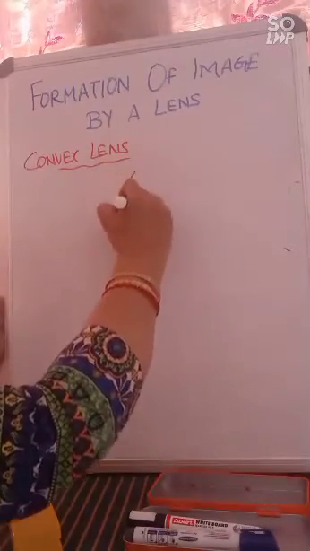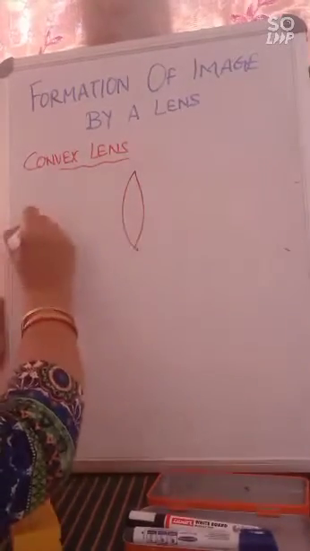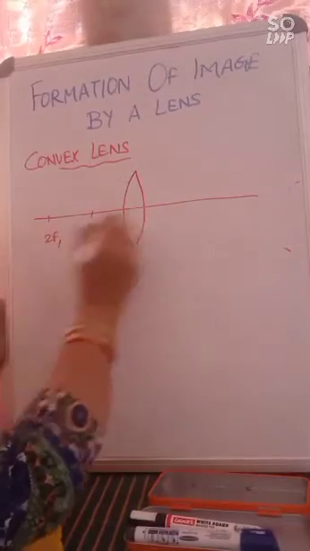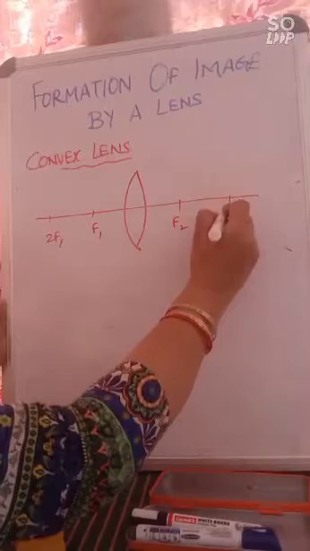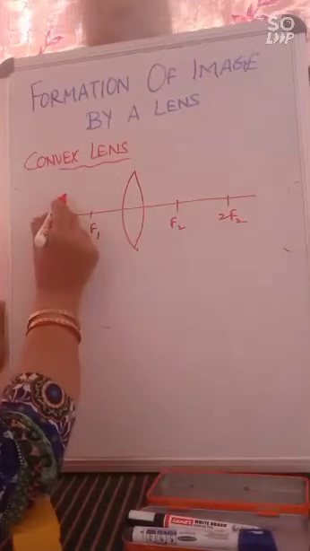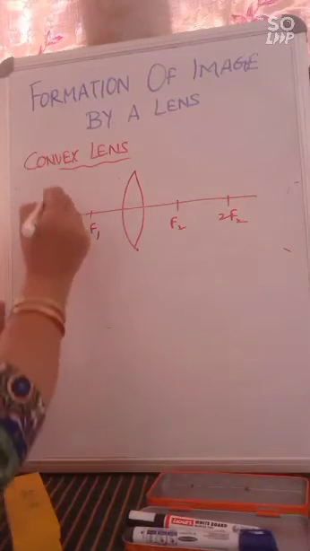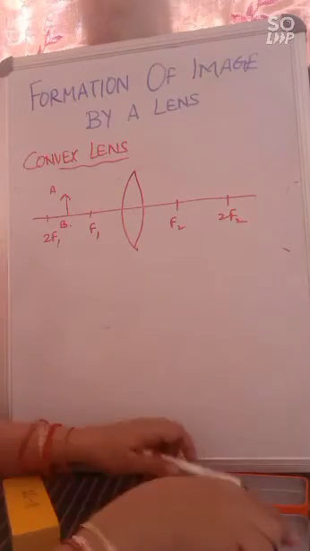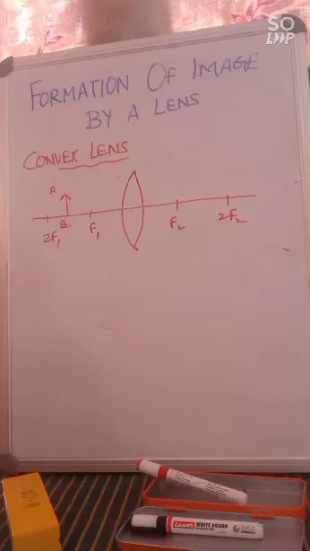So I have this lens, right? Again, principal axis, again F1, F2, F1. This is F2 and this is 2F, right? Between this. And I'm labeling the object as AB, right? So again, I'm just going to opt for the 2 rays now, but I have told you how to draw for the third ray, right?